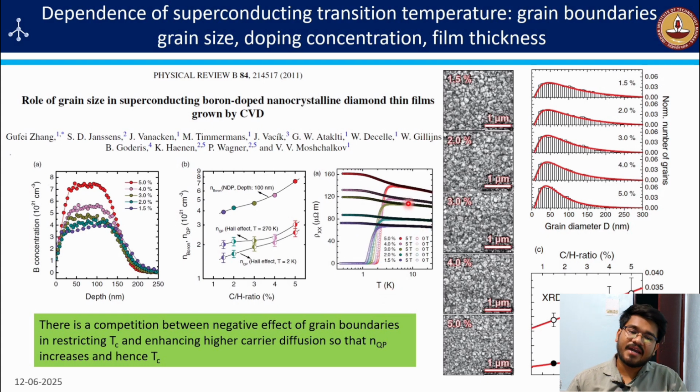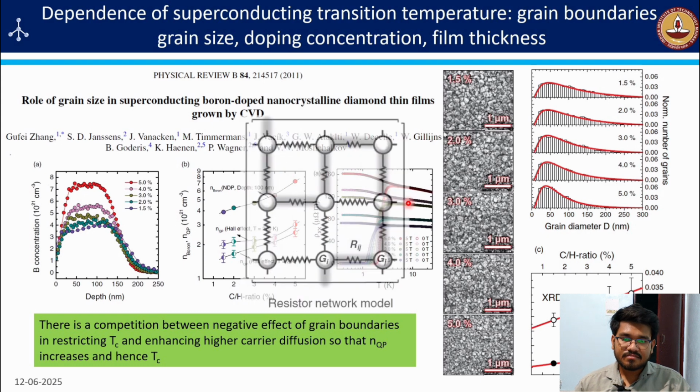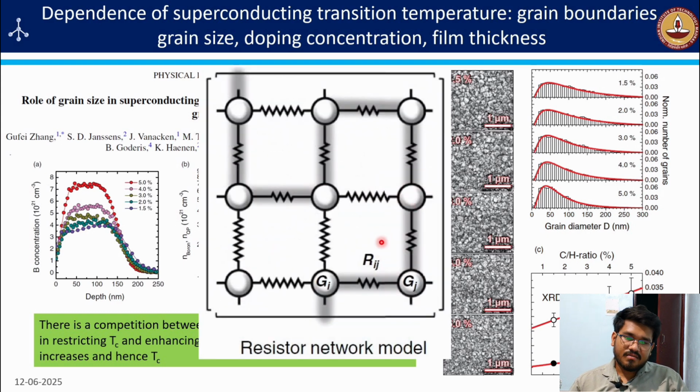So keeping that in mind, can you still push the granularity? We still have superconductivity, but with a highly granular sample to achieve higher kinetic inductance. If you ask whether the superconducting state still persists in a highly granular film, this can be explained by a resistor network model.